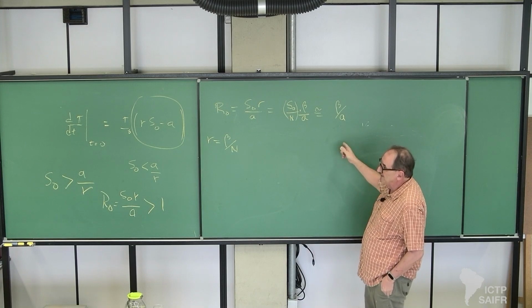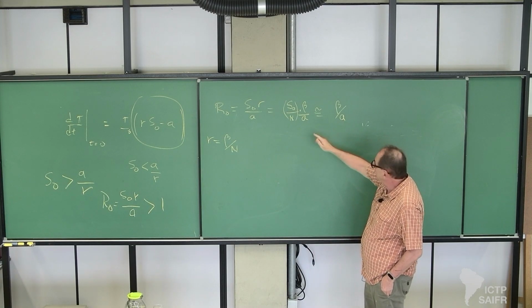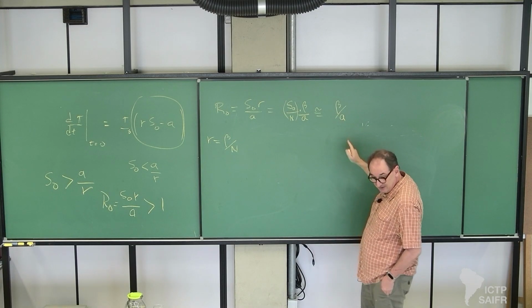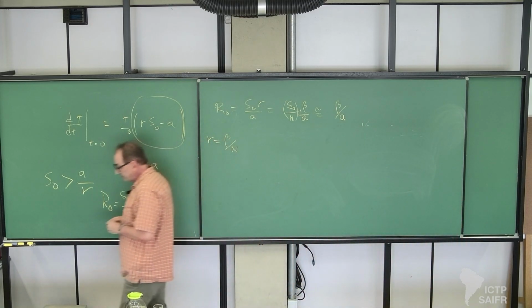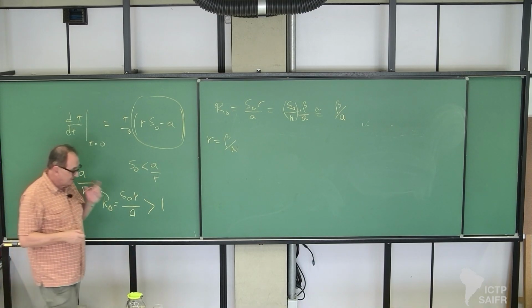What does this say about getting R0 smaller than 1?